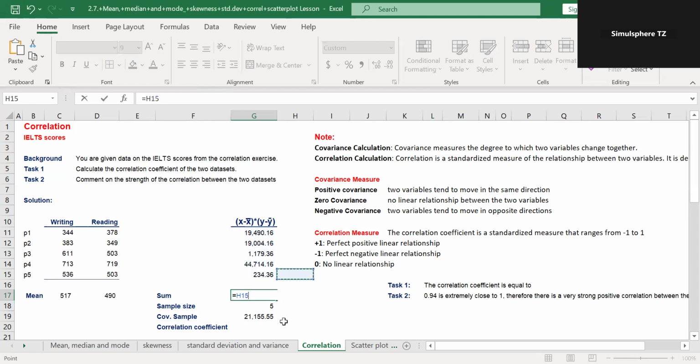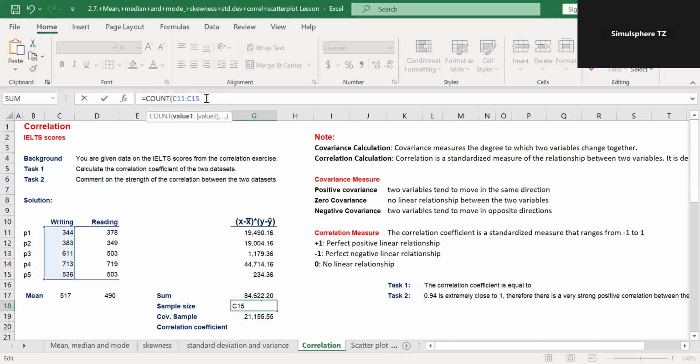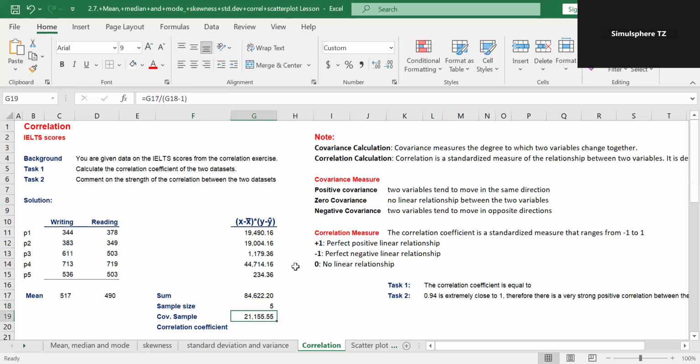And then we also need to identify our sample size. By using the count function, I simply counted all of our inputs in writing. So you can choose to count all of the writing or all of the reading. In this data set, we have an equal number of writing and reading. So choose any of the columns to count, and it would return the fact that we have a 5-man sample here with us.